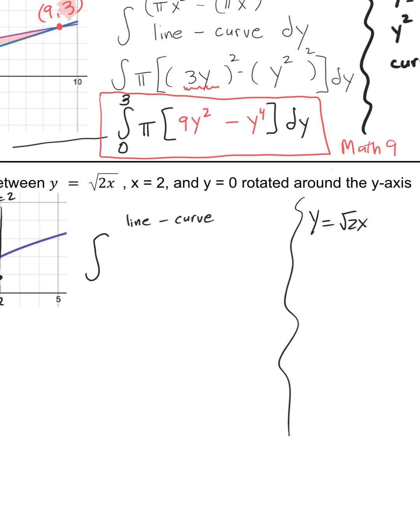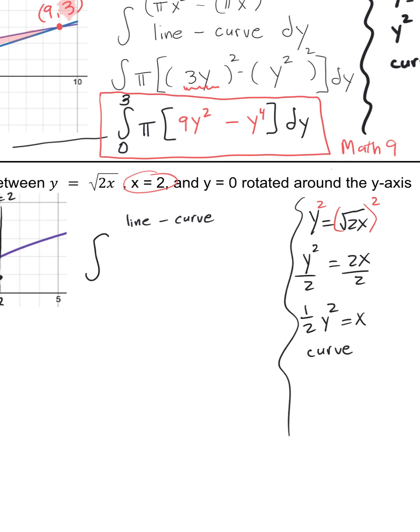In order to solve that for x, the first thing we have to do is get rid of that square root, so we are going to square both sides. So we have y squared is equal to 2x, and now we need to divide by 2. So I'm going to write that as 1/2 y squared is equal to x. That is our curve. Our line is already solved for x, so we don't need to worry about that.